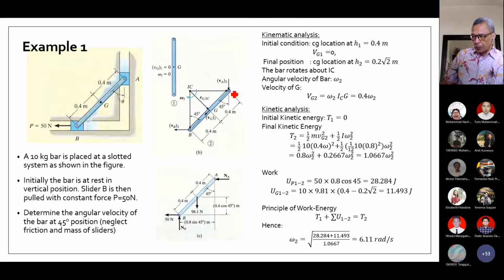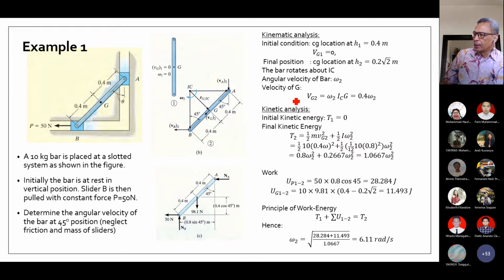We can say that this point on this rigid body rotates about a point along a line perpendicular to the direction of velocity at point A. We can draw this line. So we find that this is the IC, because it is a simple position, 45 degree, then we know that this distance is equal to this distance, and the value is 0.8 multiplied with sine or cosine of 45 degree.